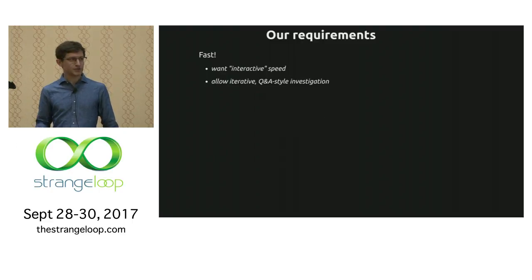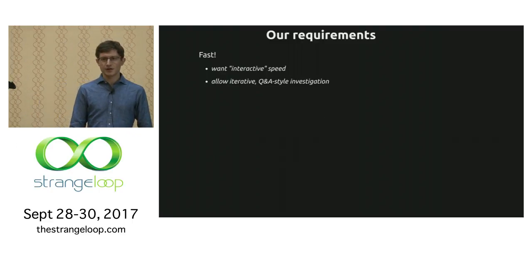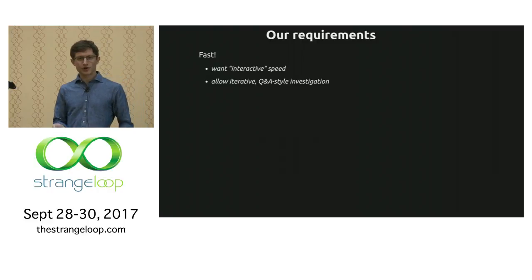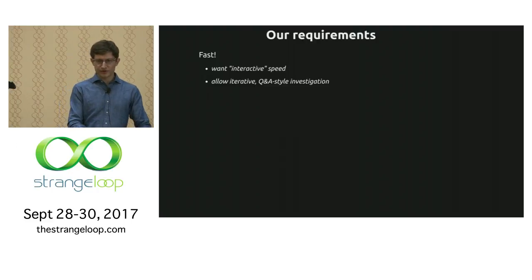We need all of that to be really fast. And the reason for that is we want users to be able to do a sort of question and answer workflow with their systems. So something goes wrong. The user forms a theory about what went wrong and why. So they ask a question. For example, is this only happening for certain users?